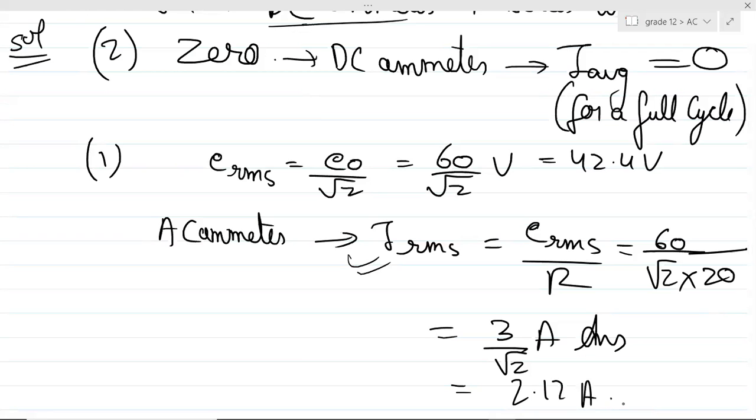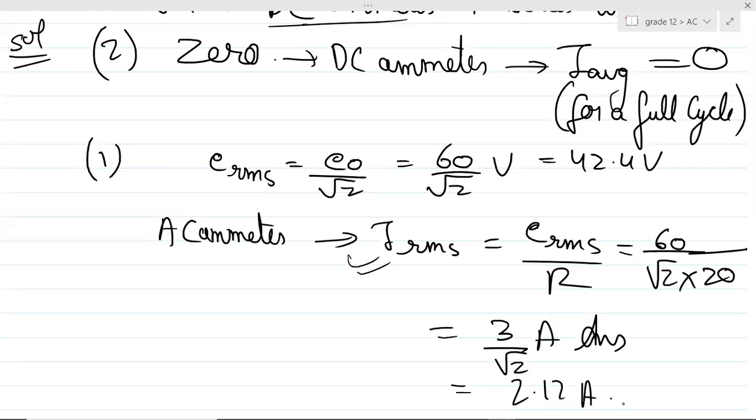What will happen when you connect an AC ammeter to a DC circuit? Will it give you any value? It will give you the average value. Ask me why. Because in the case of a DC circuit, average value and RMS value are equal. So it will give you the average value, right?